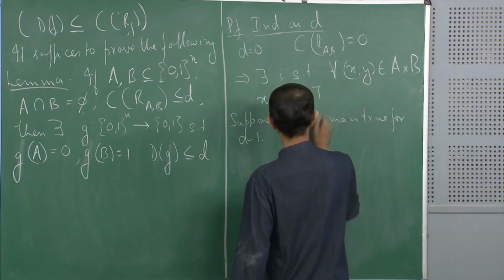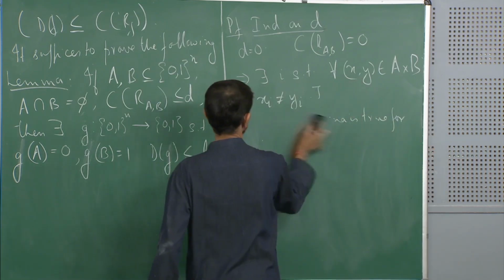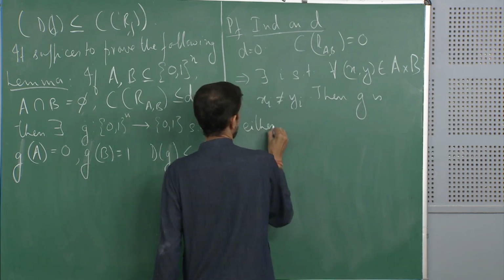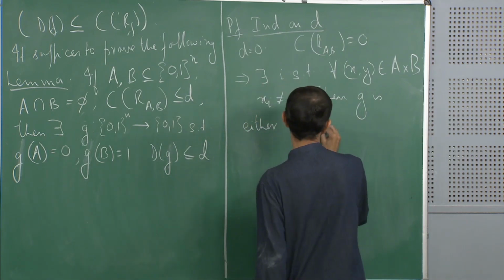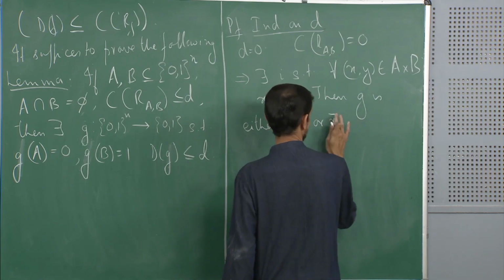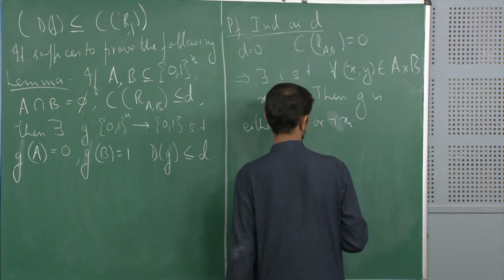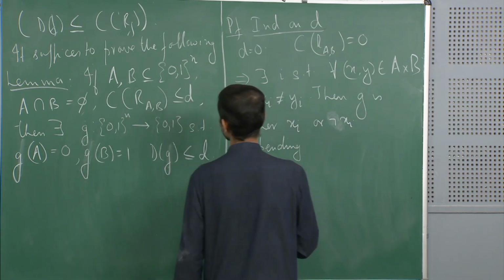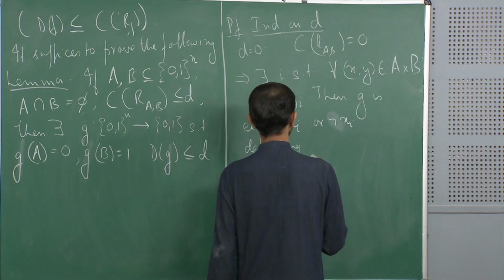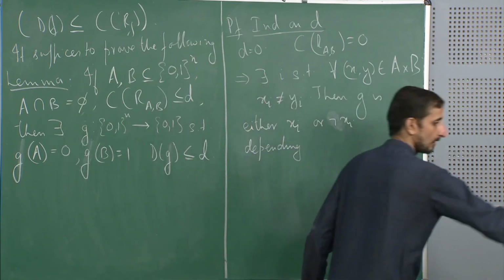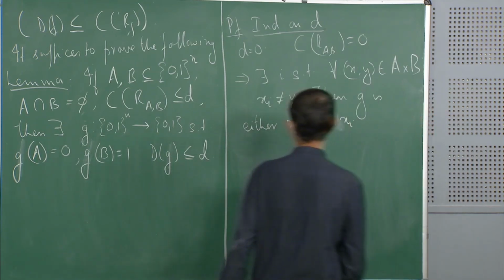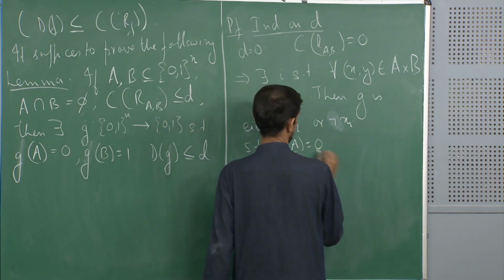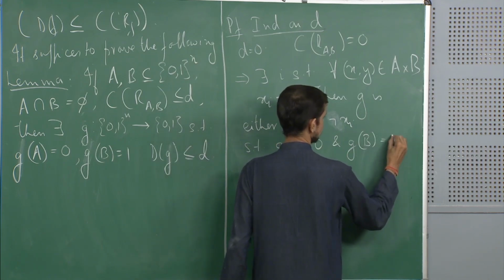Okay. So then g is either xi or not of xi, such that g of A becomes 0 and g of B becomes 1.